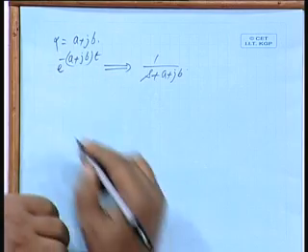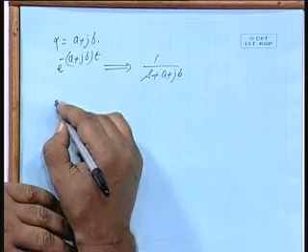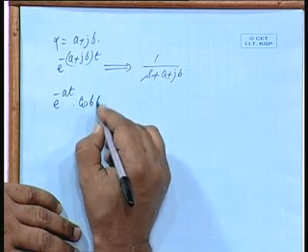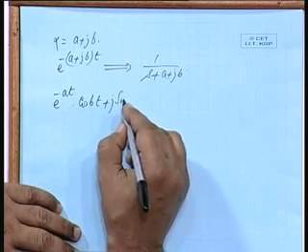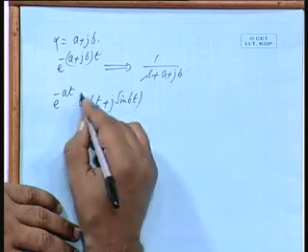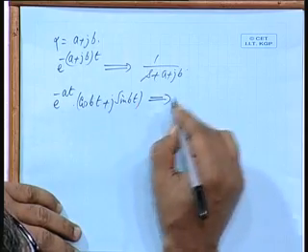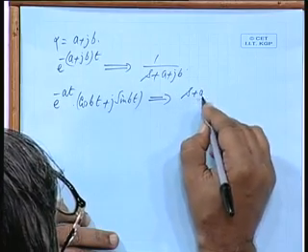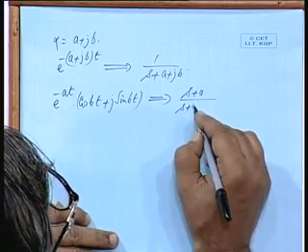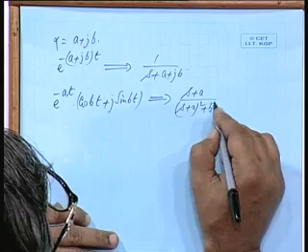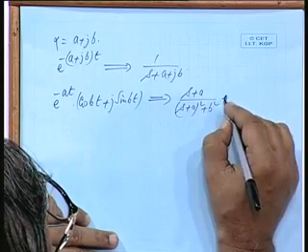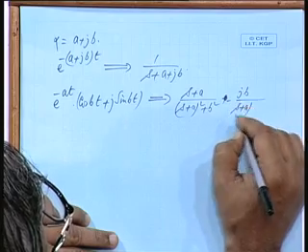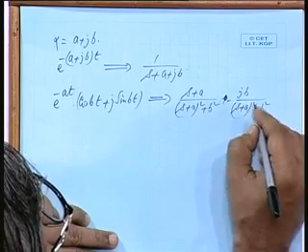What is this? e to the power minus at into cosine bt plus j sine bt. So, on this side if I separate out the real and imaginary parts, it will be s plus a by s plus a whole squared plus b squared minus jb by s plus a whole square plus b square.